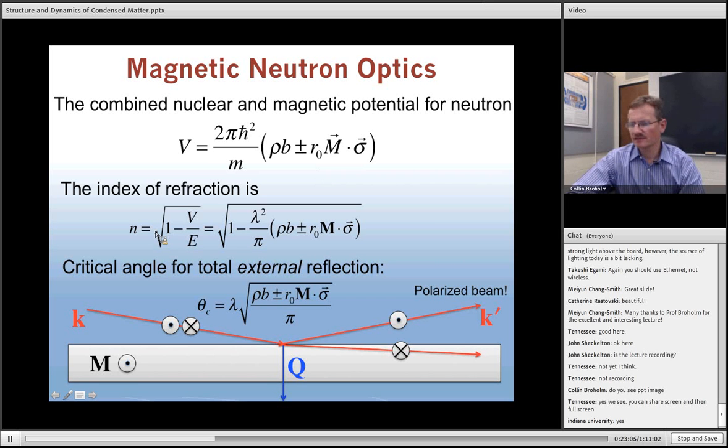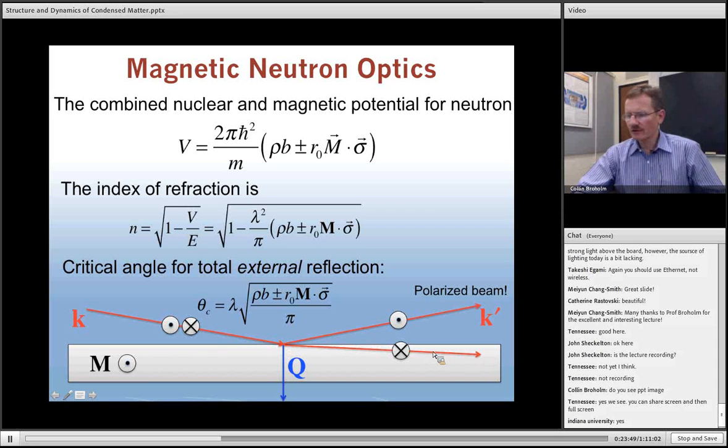And just to show you this little image down here that relates that, the critical angle for total external reflection is given in this expression, and you can see that it'll be different for the different projections of spin onto magnetization density. So you can imagine coming in at an angle which is close to the angle for total external reflection, and then depending on whether I am parallel, as was the case here, or anti-parallel to the magnetization in the sample, then I will either be able to reflect in a total external reflection, or I'll be able to refract in the case when I'm anti-parallel to the magnetization.